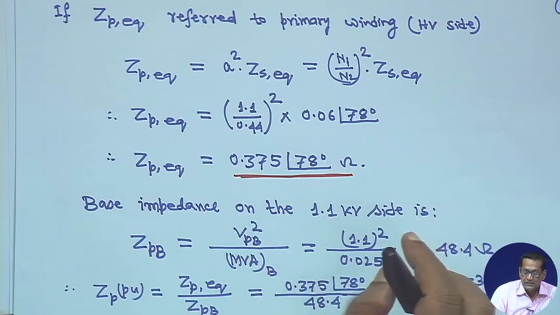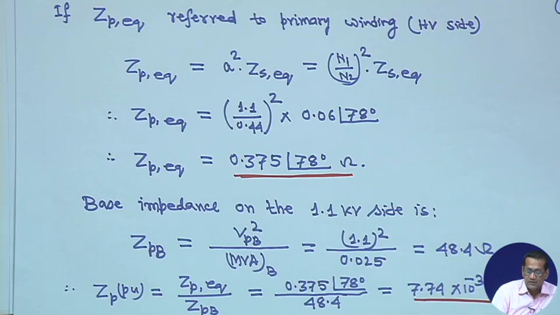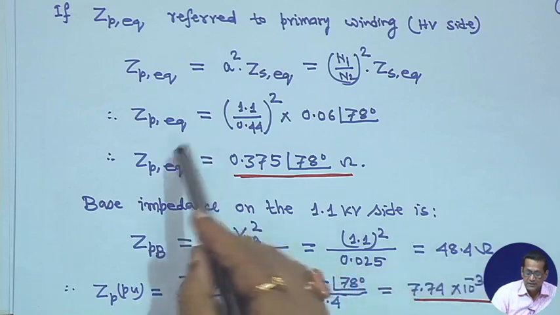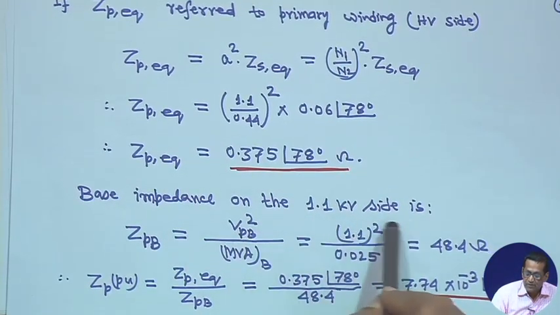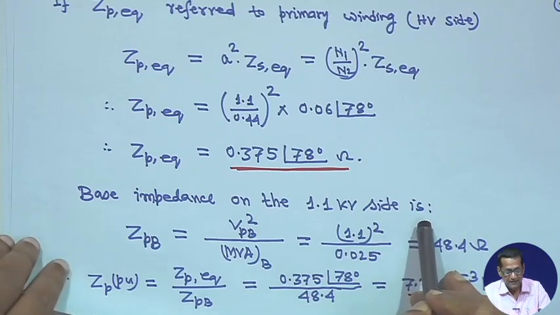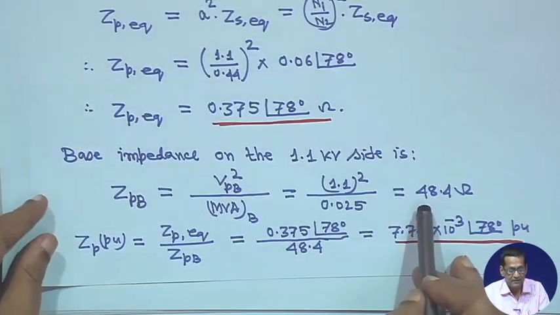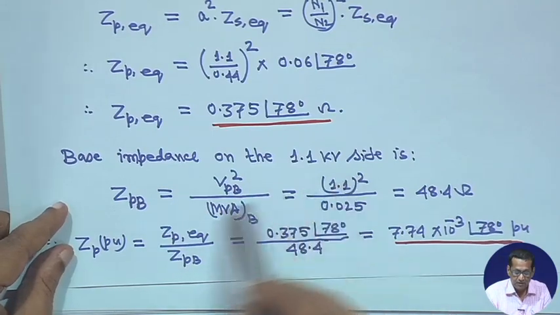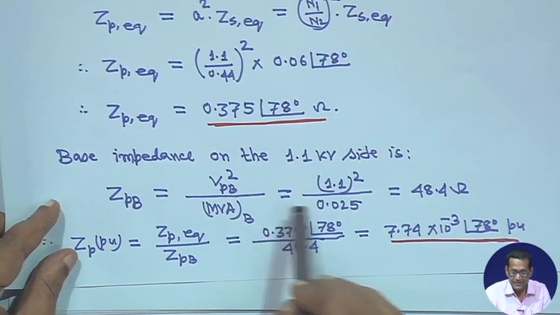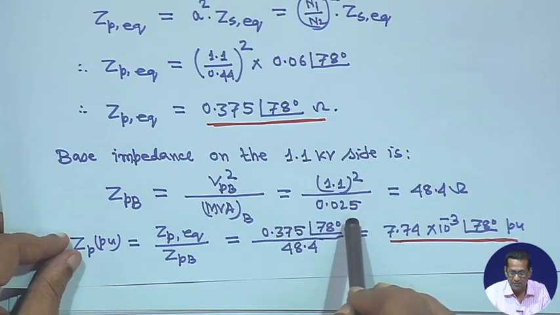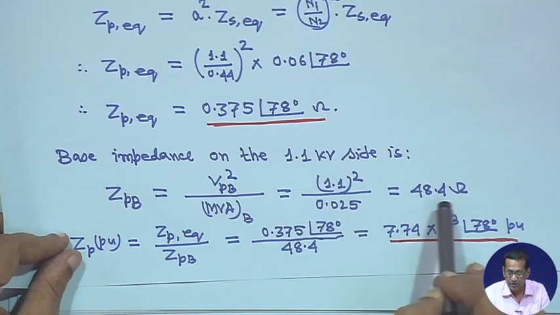Once you have ZP EQ, the base impedance on the 1.1 kV side is ZPB, equal to VPB square upon MVA base, equal to 1.1 whole square upon 0.025, which is equal to 48.4 ohm.